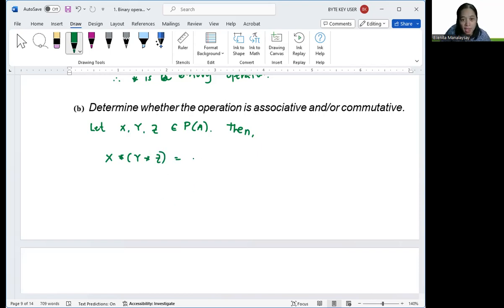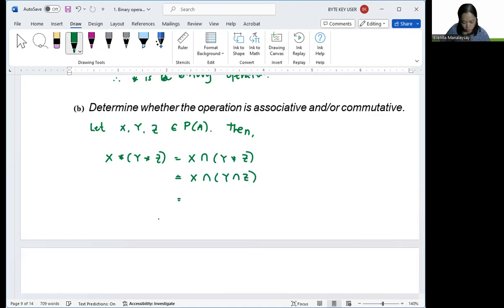So we have x intersection of y star z. This is how we define star, no? Then let's define star in y and z. So this is x intersection y intersection z.